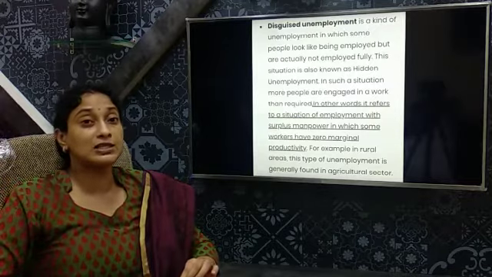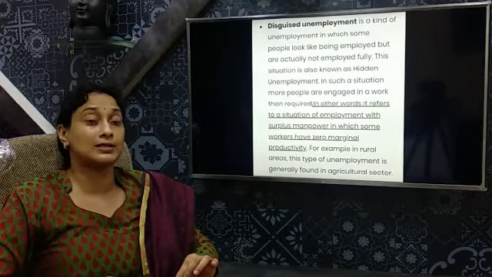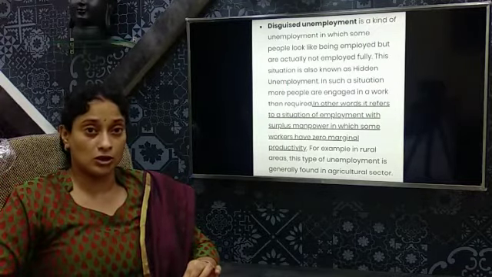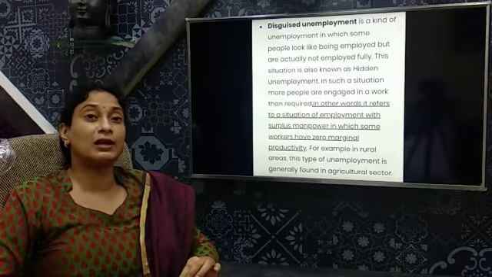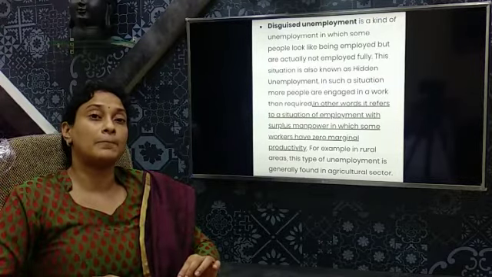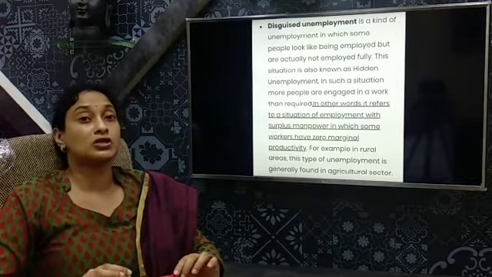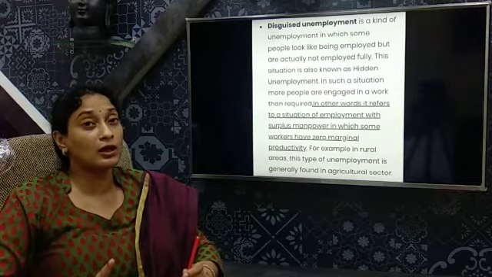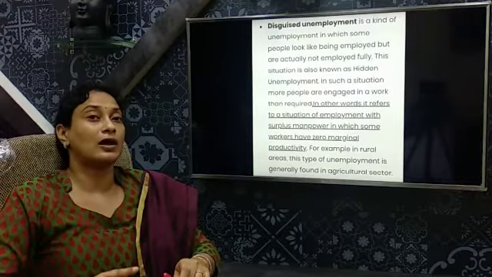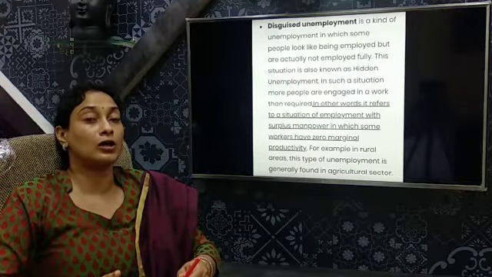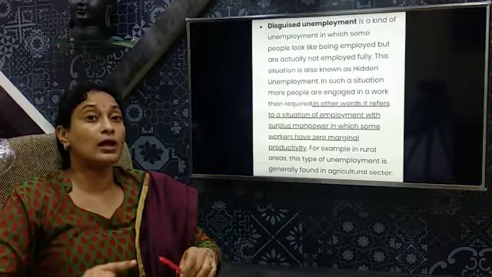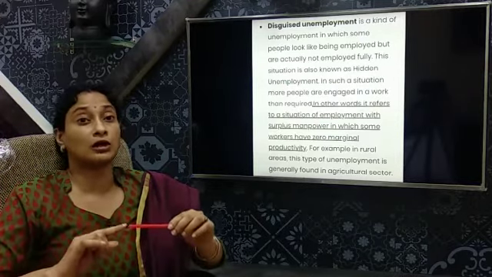It is a serious form of unemployment, as I said, because it is difficult to find out people who are facing disguised unemployment, because they seem to be working but actually they are disguisedly unemployed and underemployed, and they are not working up to their productive capacity.